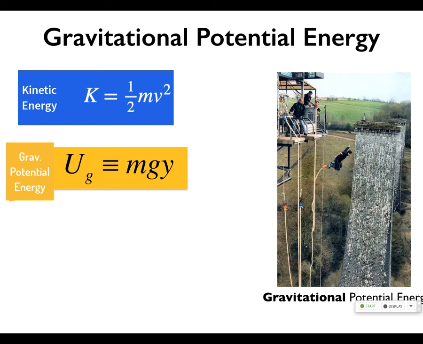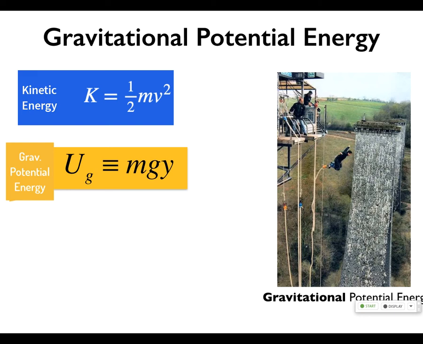Okay. And then we have potential energy. Now there are lots of different types of potential energy. But in physics, when we're talking about mechanical potential energy, we primarily talk about two, and then we add a couple when we get into electromagnetism. We have gravitational potential energy, which is mgy, where y is height.